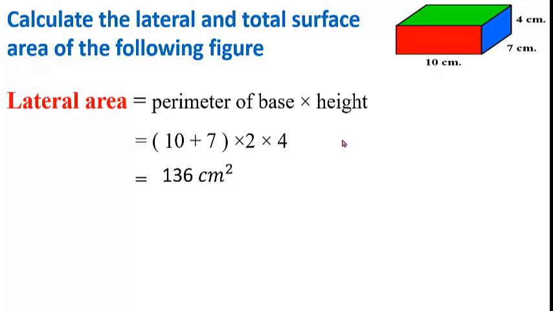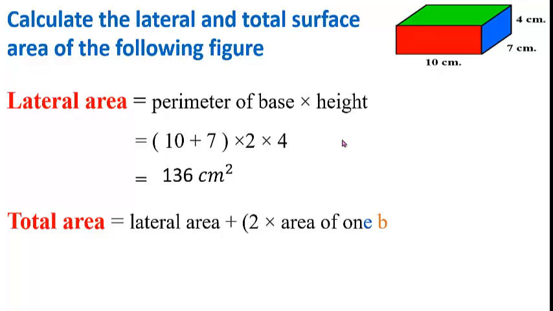Let's go now and see how I can calculate the total area. Total area is equal to lateral area plus 2 times the area of one base. I already have the lateral area, I have just calculated it. We said that the base of a cuboid is in the form of a rectangle, and the area of a rectangle is length times width. So here I'm going to make 2 times length times width.